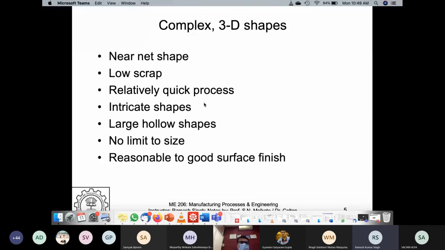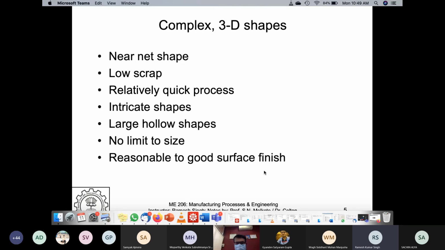Casting can be done very fast. It can be used to create intricate shapes, and you can also create large hollow shapes. There's no limit to size, so casting is as big as you want. You also get reasonably good surface finish.